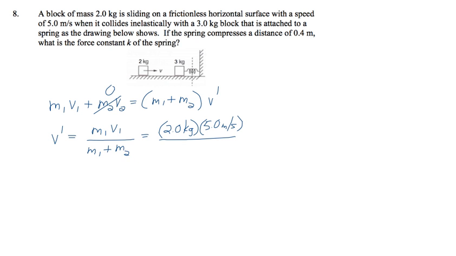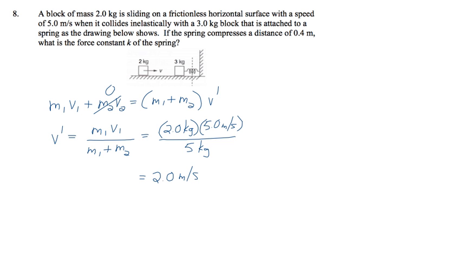So 2 plus 3 is going to equal 5 kilograms. And you can see that actually the 5s would cancel out, the kilograms would cancel out, and I end up getting that my answer is going to be 2 meters per second. So after the collision, we're now going to have 5 kilograms moving at 2 meters per second.